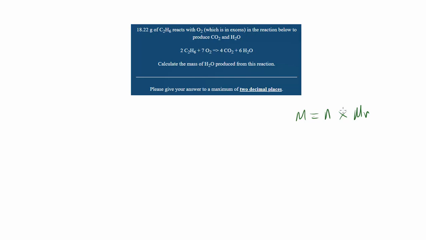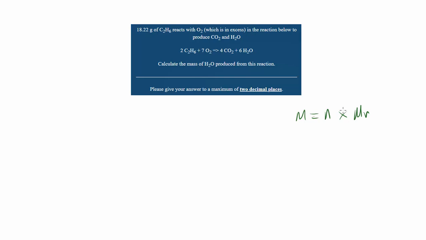We can work out the molar mass from the periodic table, but the moles of H2O is not something we can directly work out from it. We need to work that out from the mass of C₂H₆. So as a first step, I'm going to work out the amount of substance of C₂H₆ that actually reacted, because that's going to be very useful.